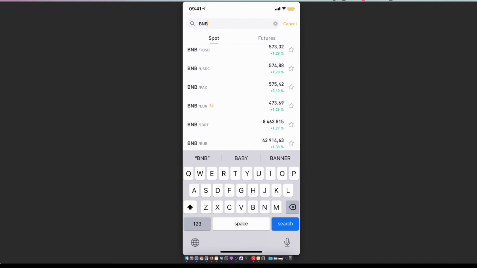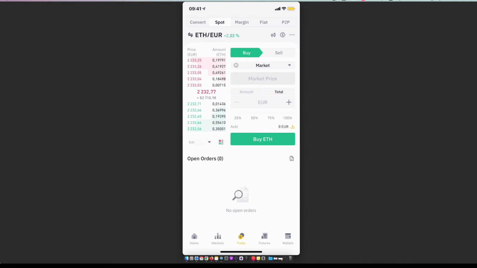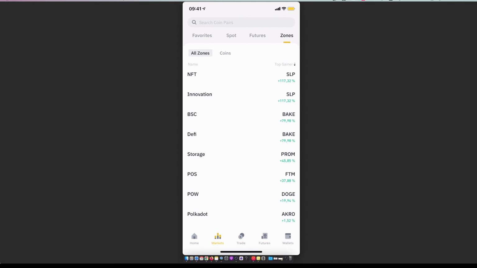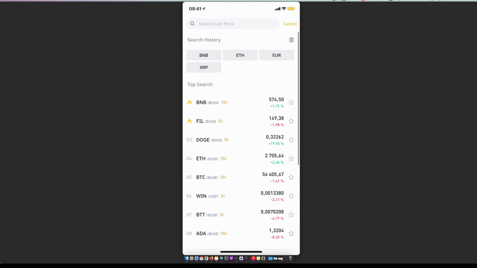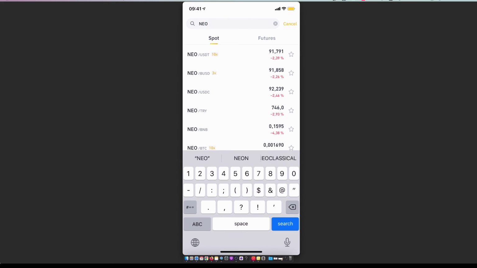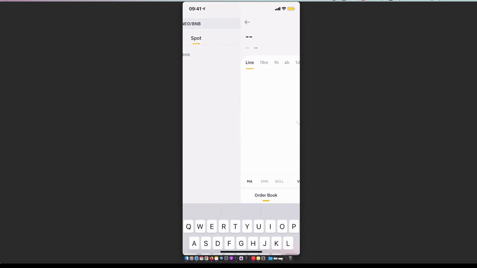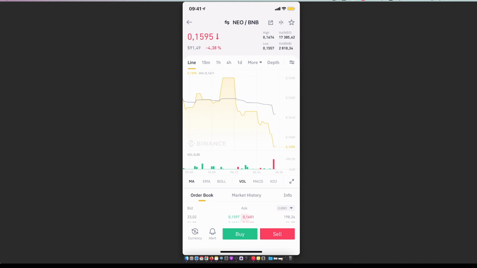So first I need to get BNB in the same way, and once I get BNB, then I need to go back again, look for NEO, and then look with BNB, and now I can trade Binance Coin to NEO in the same way, right?